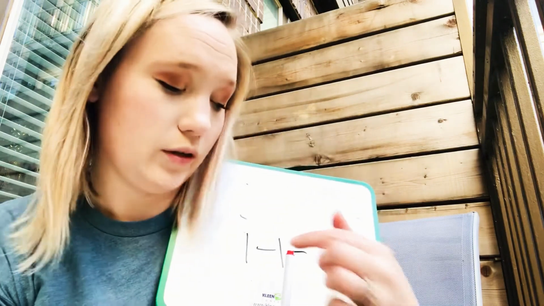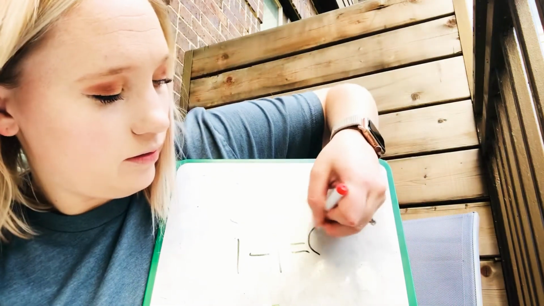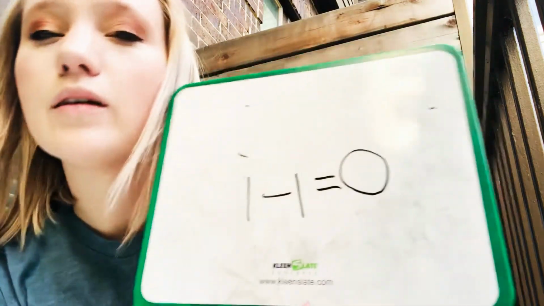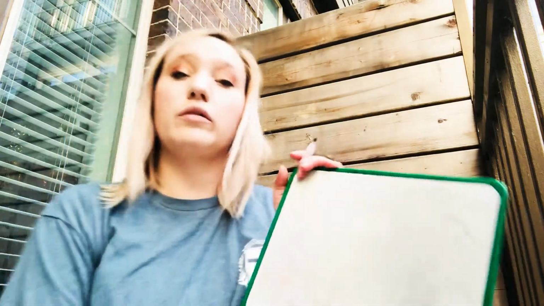Zero. So 1 minus 1 equals 0, because that means you don't have anything. You have nothing. 1 minus 1 equals 0. Okay? Good. So don't forget that this sign right here is the minus sign.